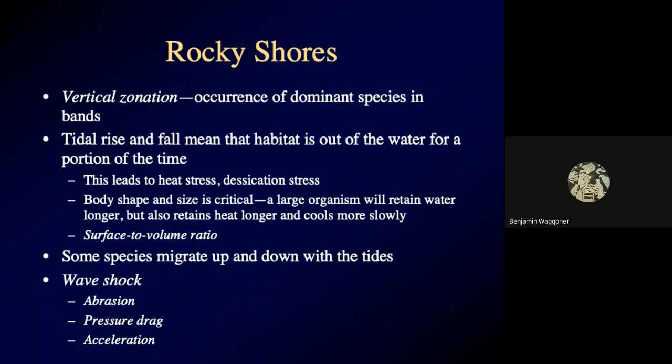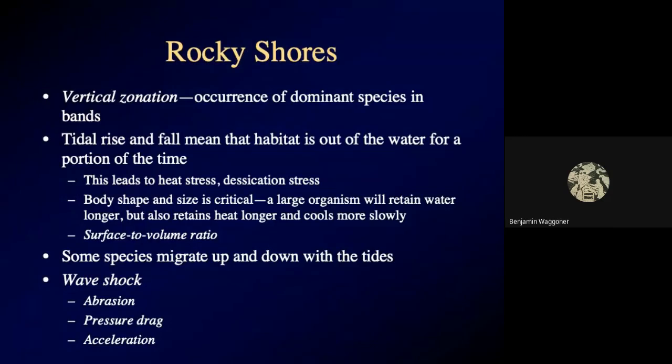Obviously, you can mess with this by changing shape. Large organisms often tend to have a lot more surface area because they'll have folds or wrinkles, something like that, like fish gills, for example. But that's something that comes into play when you're looking at organisms on rocky shores. And there may be only a few species that can survive in some of these tidal zones.